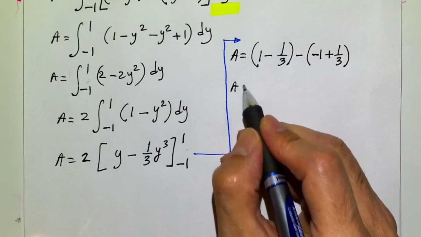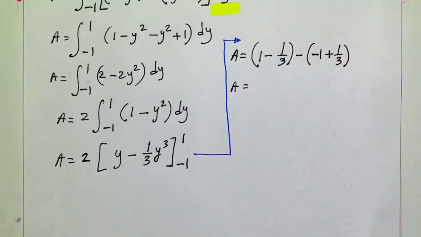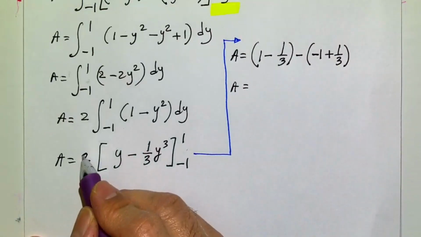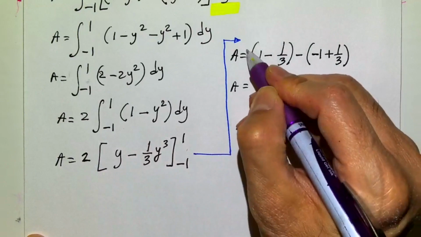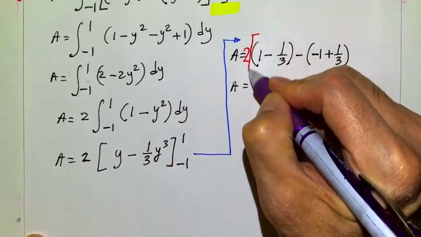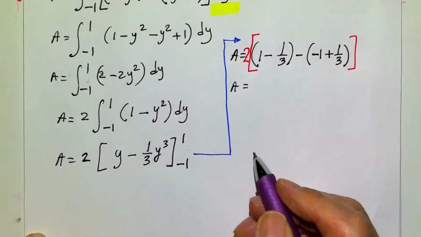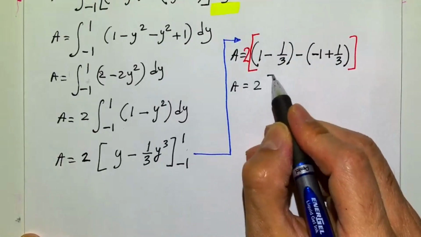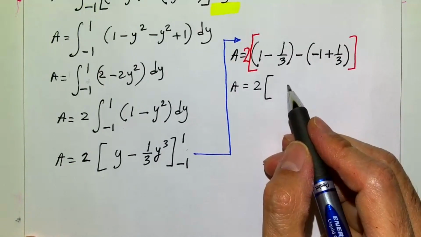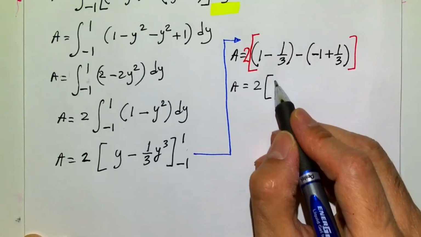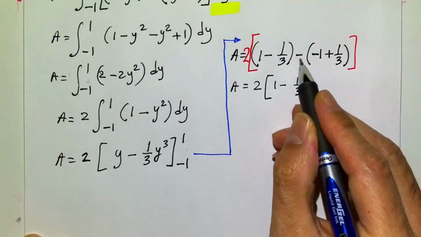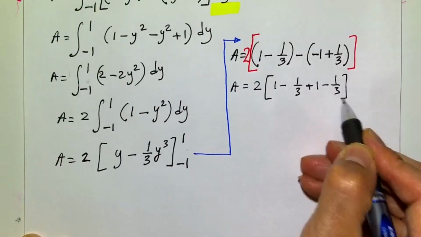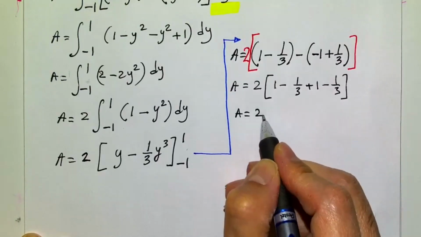Let me not forget that the whole thing is being multiplied by 2, so I'm going to put the 2 here and the bracket here. Simplifying the inside, we have 1 minus 1/3 plus 1 minus 1/3, and then A equals 2 times.